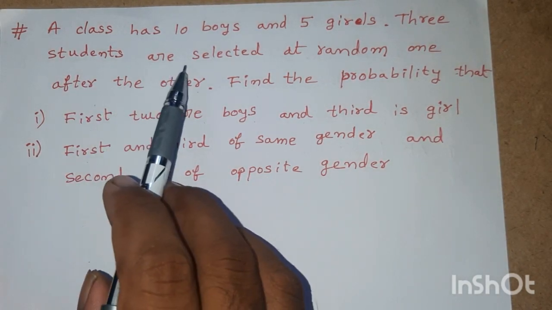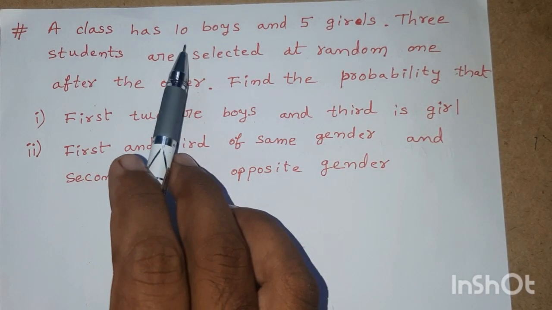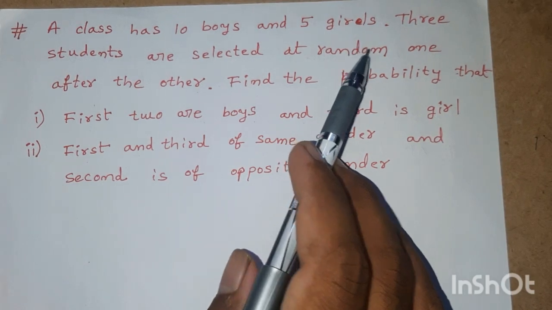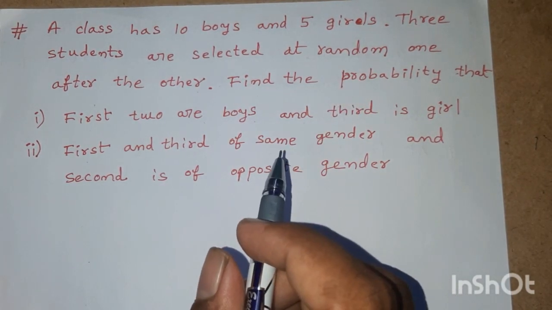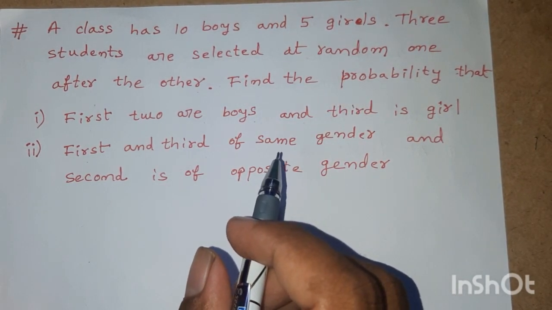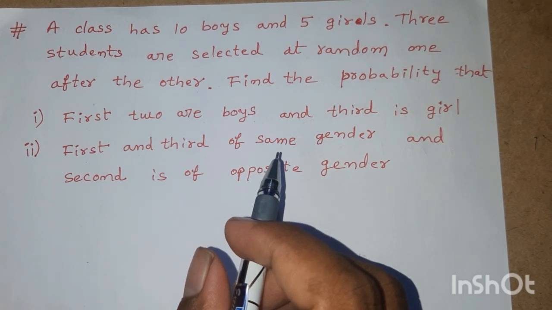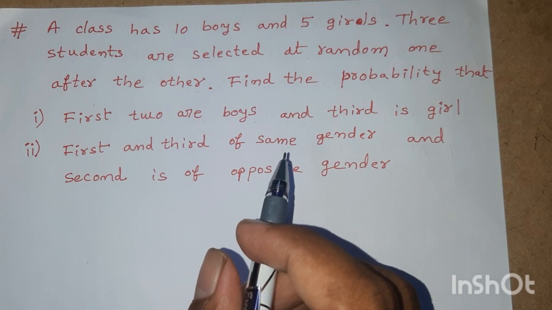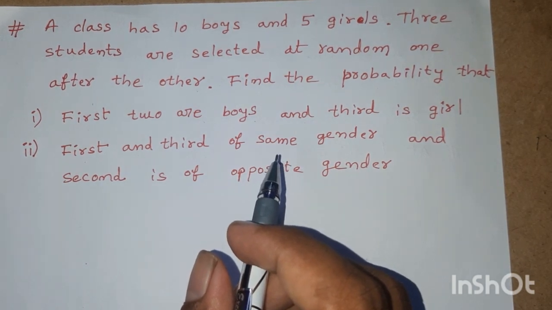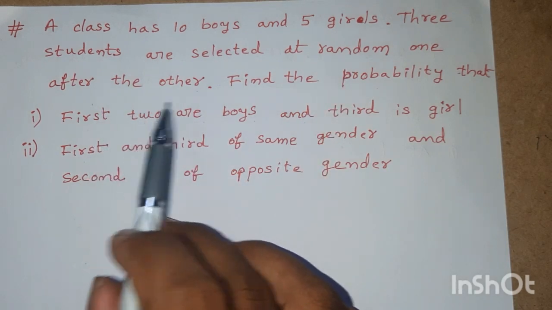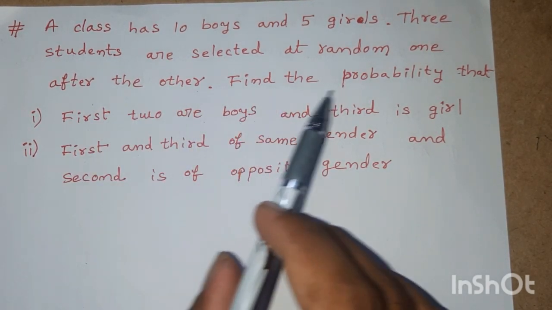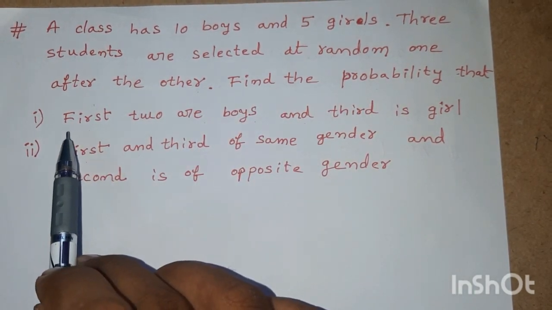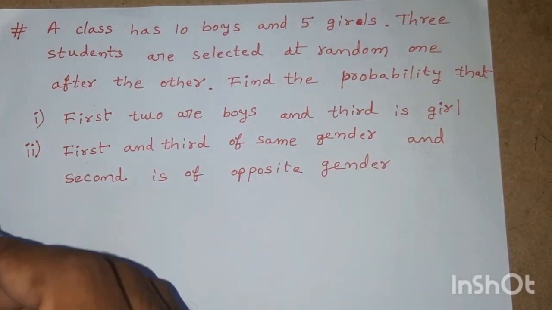Okay, how many students are there? The class has 10 boys and 5 girls, and there are totally 15 students. Among 15 students we have to select 3 students. Therefore, the number of exhaustive cases is 15C3. We have to select one after the other. Let us solve it.